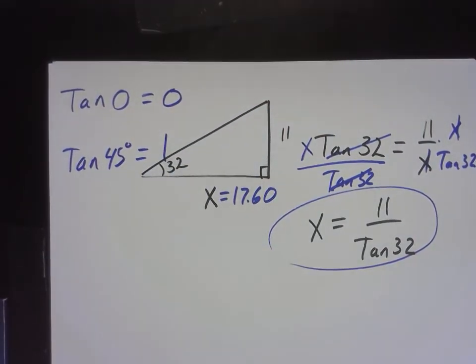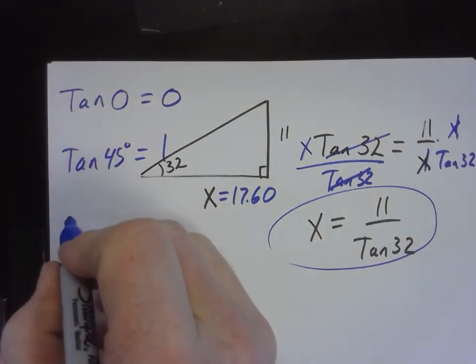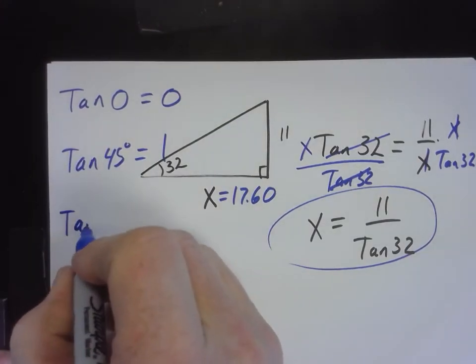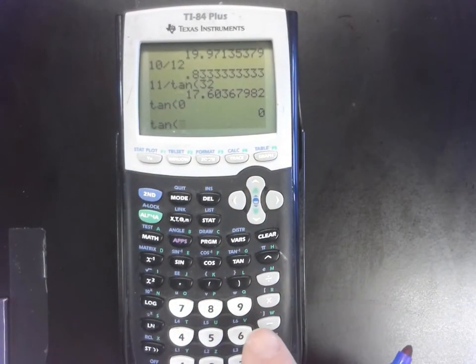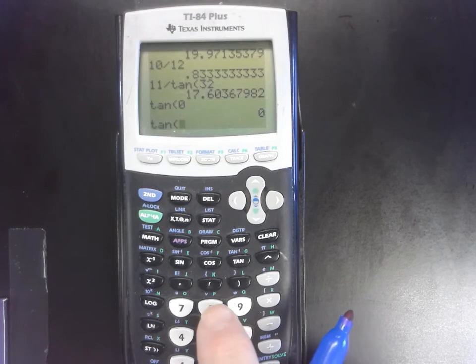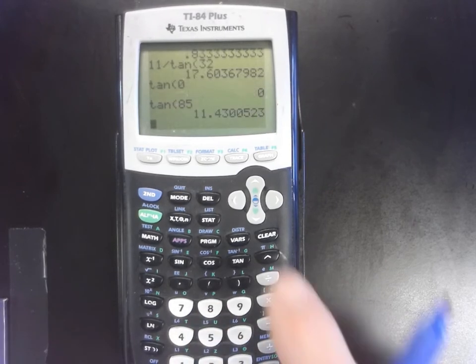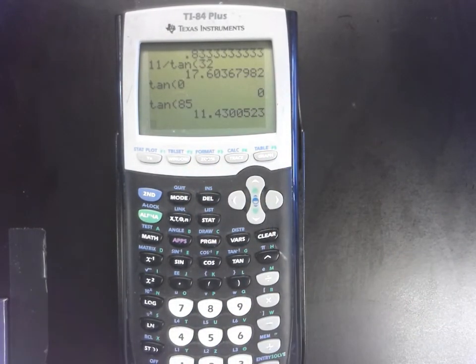So the tangent of every angle between 0 and 45 is between 0 and 1. It's that ratio. And then as we get up more, let me just show you this. Let's say the tangent of 85, still with 11. As you go from 45 up toward 90, it gets bigger.